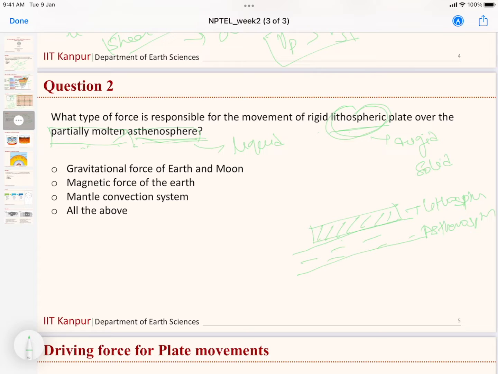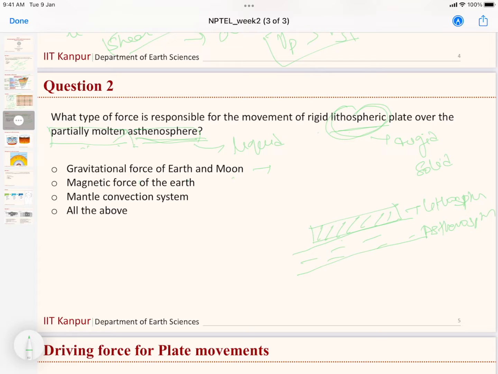The options for this question are gravitational force of earth and moon, magnetic force of the earth, mantle convection system, or all of the above. If we go one by one, gravitational force of earth and moon, do you think it can play some role in that? Yes, it would.